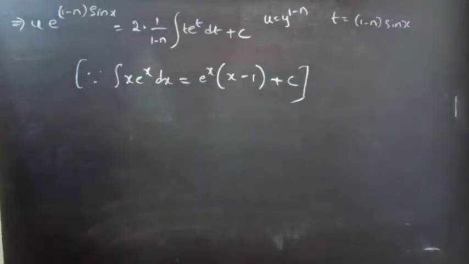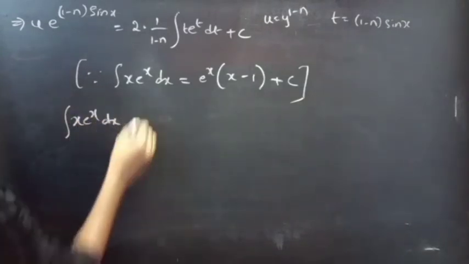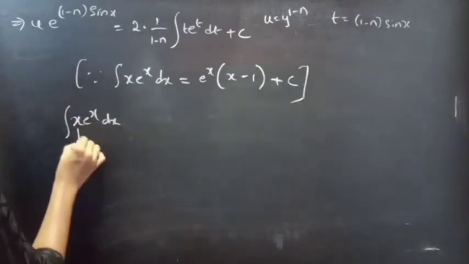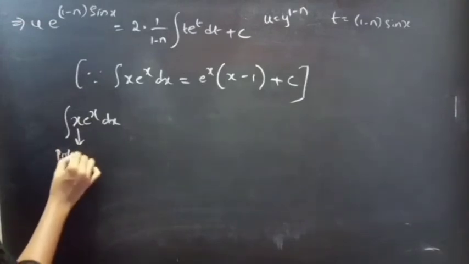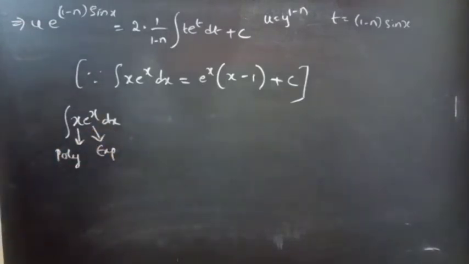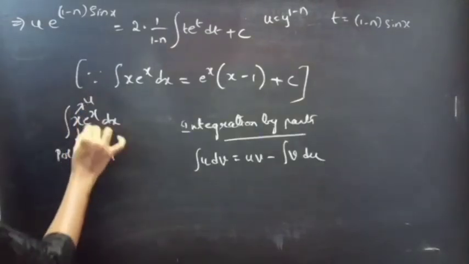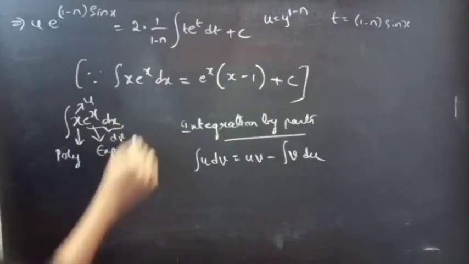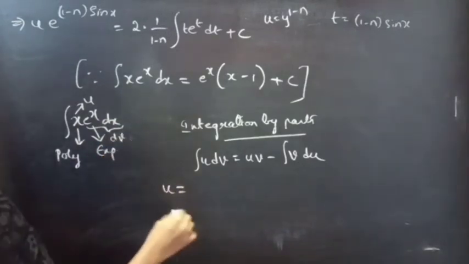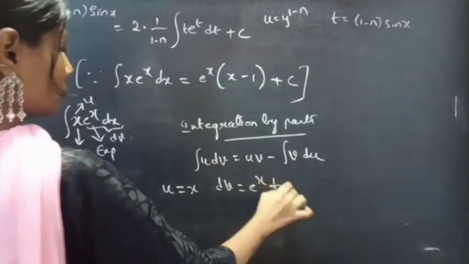If you want, I can prove this. Here the integrand is a product of a polynomial function into an exponential function, right? Consider the polynomial function as u and the remaining part as dv. Then we'll get u equals x and dv equals e power x into dx.